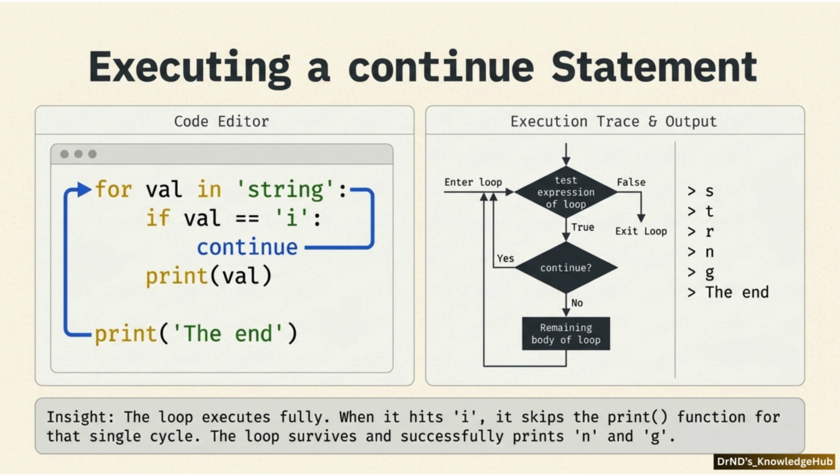Then it immediately moves to the next letters N and G. So the output becomes S, T, R, N, G. The words "The end" are printed afterwards. Notice the difference. With break, the loop stopped immediately. With continue, the loop skipped only one iteration and continued normally.